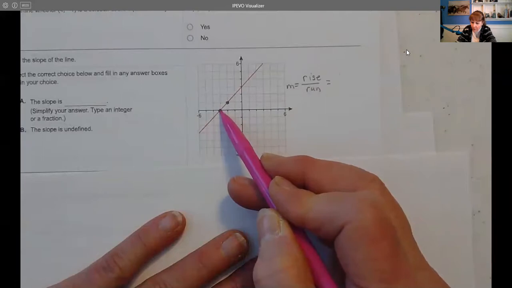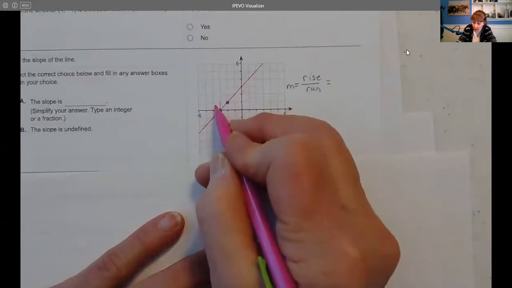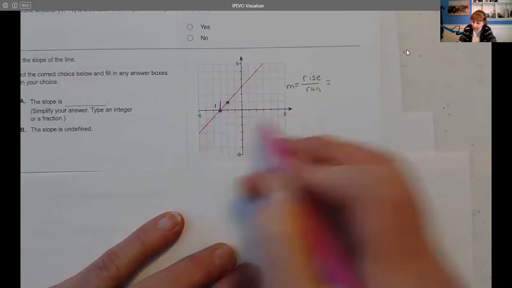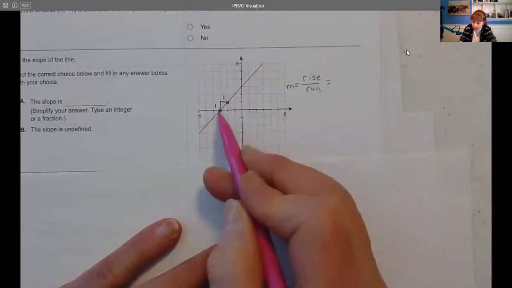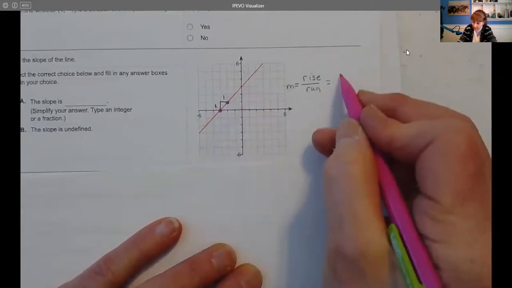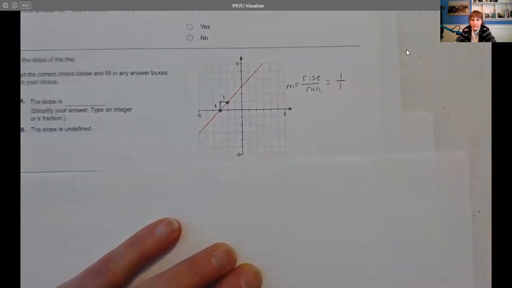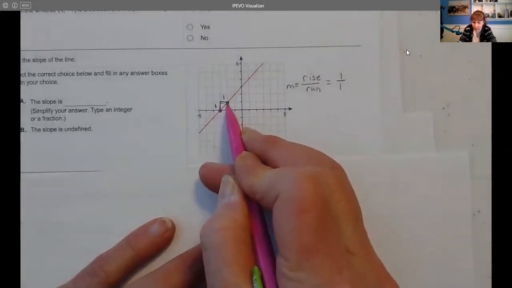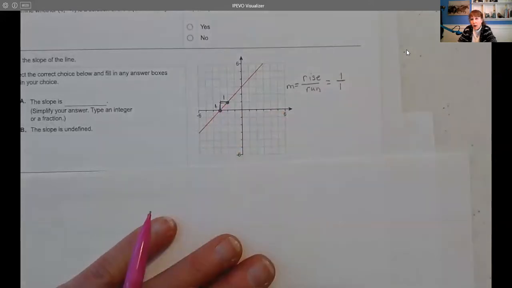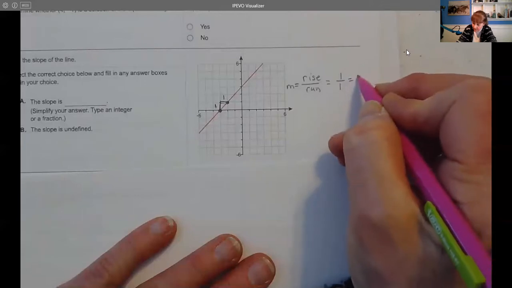So the slope, you could consider it a path from point to point. We're going to go up 1 to get to this point from here, and then we're going to go over 1. So we have the rise of 1 over the run of 1. So it's 1 over 1, rise over run. It's how far up we went and how far across we went. And then you will reduce this. 1 over 1 reduces down to just 1.